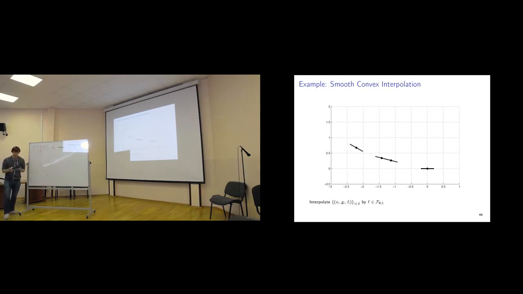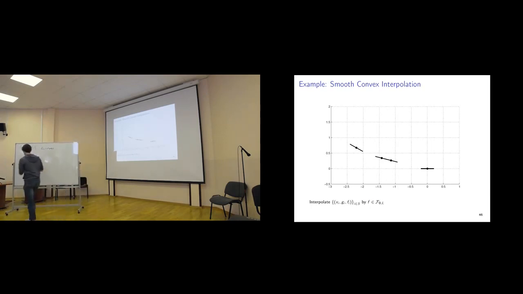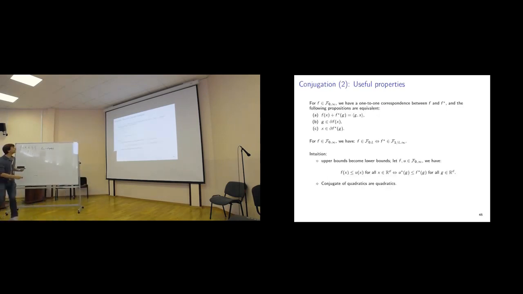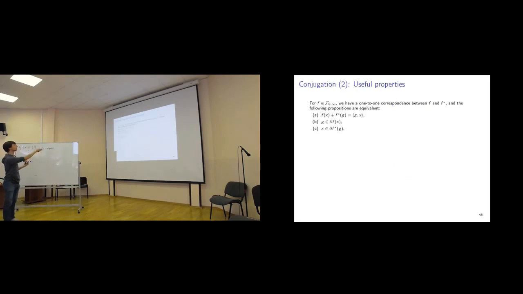While if you use conjugation, maybe I will at the same time recall the formulas. I know that when I conjugate, the smoothness becomes strong convexity. So I will reformulate that into a strongly convex interpolation result.